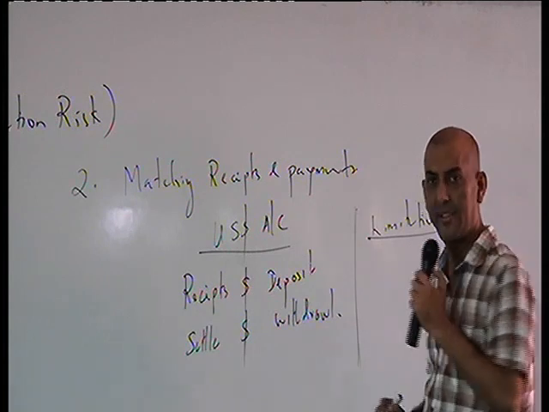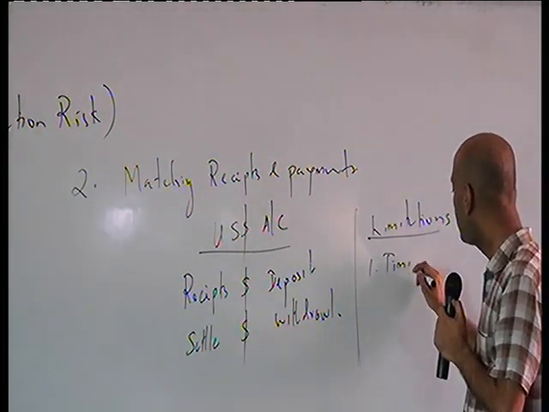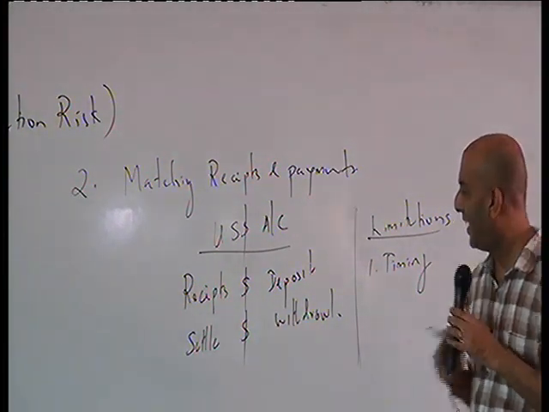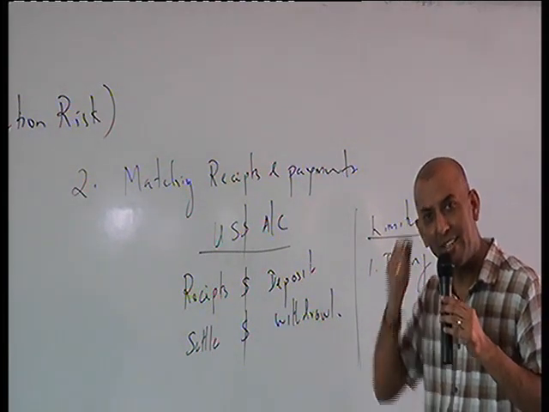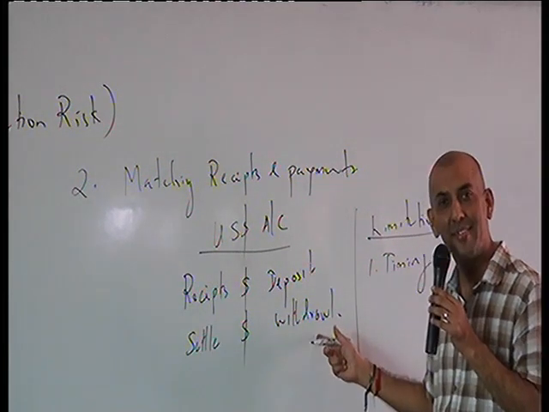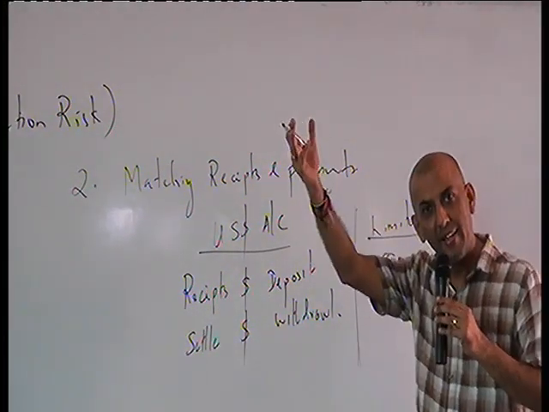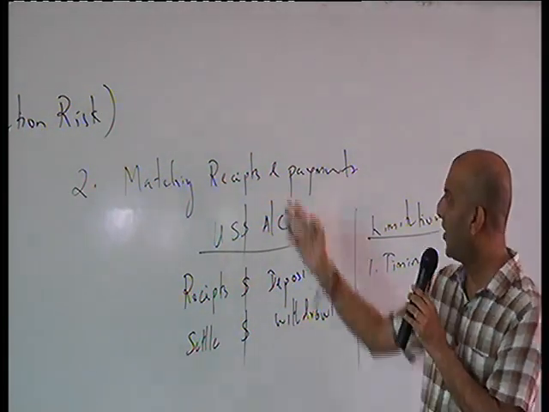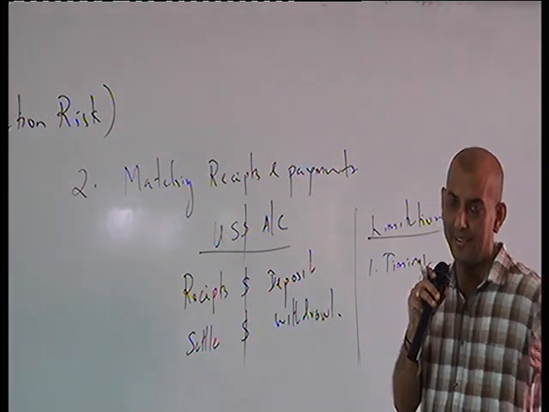Two limitations. One, timing. What is the meaning of timing? You don't get the receipts first. You get the payment first, because you import, you manufacture, and only then you sell. So there is a timing difference, it's not matching. Even though we say match receipts and payments, it can't match the timing exactly.